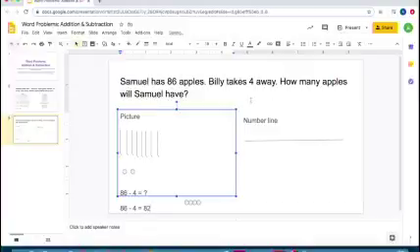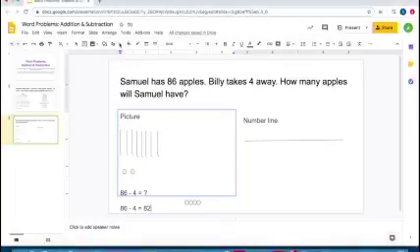Okay, let's try it on a number line. A number line is another strategy that we've used a lot to solve word problems. Okay, how many apples will Samuel have? Think about it. When we are solving a problem with a number line, we might start at the larger number and go down.